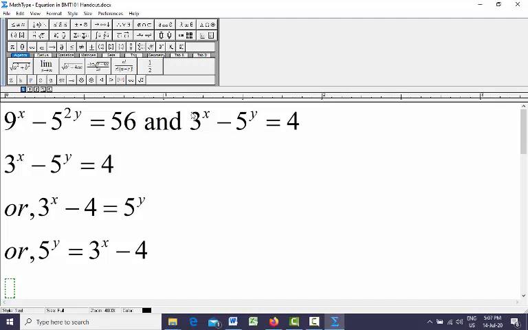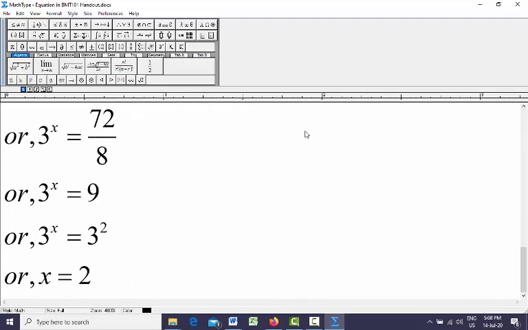To find the value of y, you can put the value of x in either of these equations. You can put the value of x here, or you can put it here also. So let us put the value of x here.